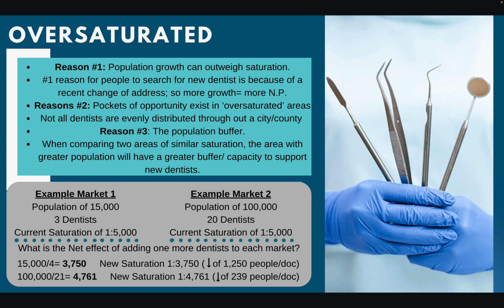The whole system is very dynamic. It's never static. And so when somebody tells you, oh, don't go to X area because it's oversaturated, it's not necessarily the case. You should do your own investigation, and you should ask the experts what they think when they do their analytics.